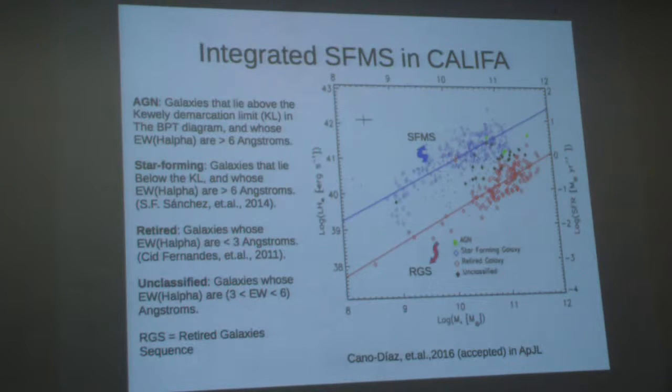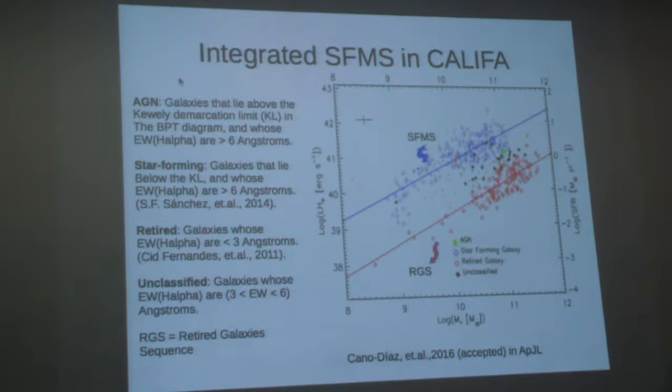So first of all, we started by trying to reproduce the results of the literature, building a star formation main sequence relation of integrated quantities for the galaxies, which is what I am showing in this plot.